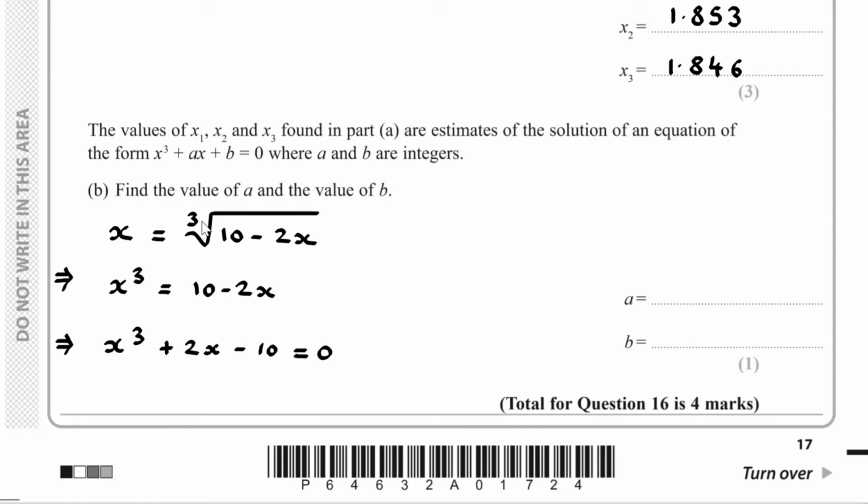So the value of a is 2. The value of b is minus 10.